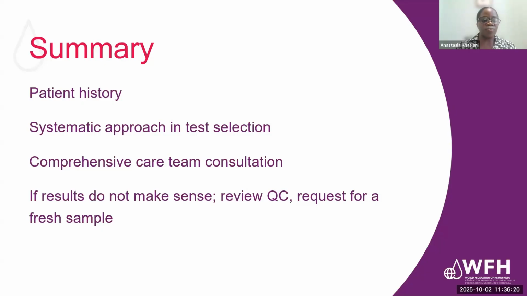And then if results do not make sense, because there are many times when you get results and they do not make sense, always review your QC to make sure that all your standard operating procedures are working okay. And then if need be, request a fresh sample so that you ensure that you give the correct results for that particular patient.